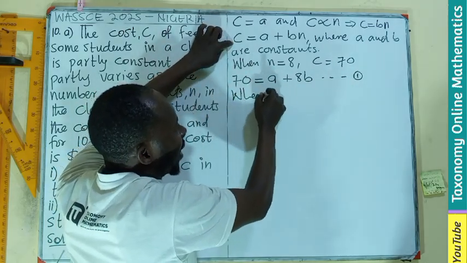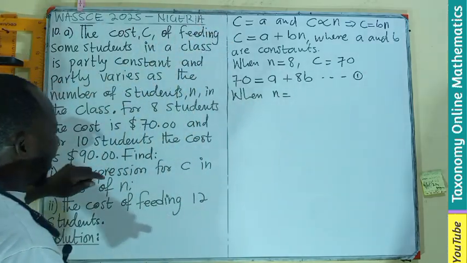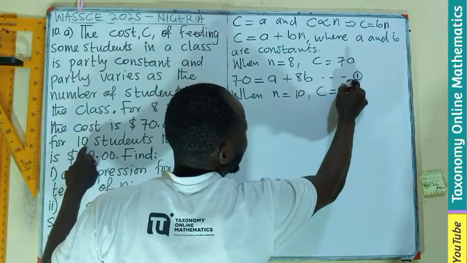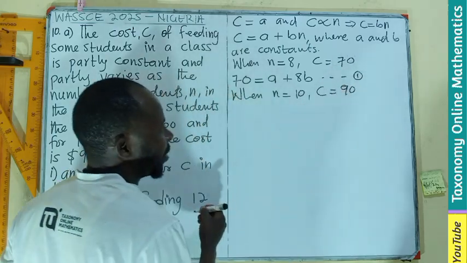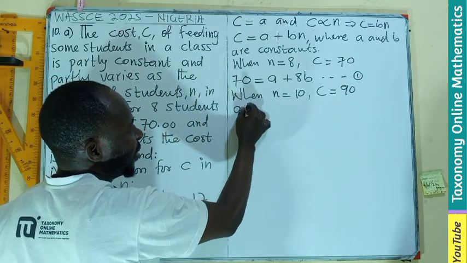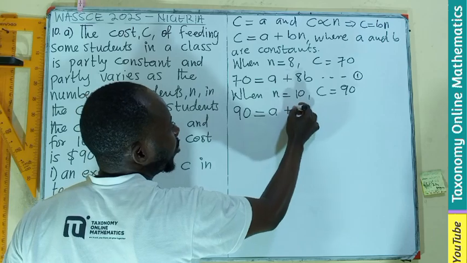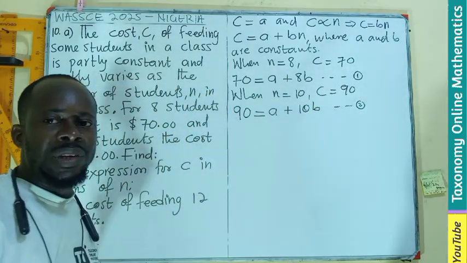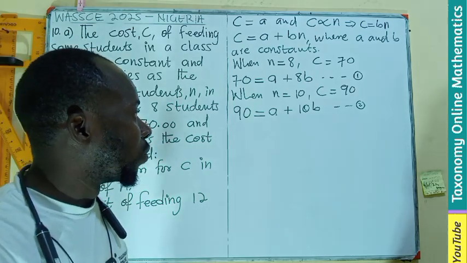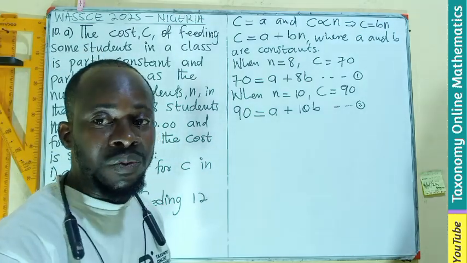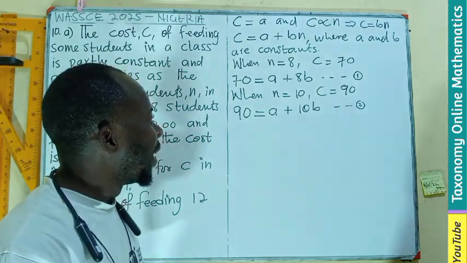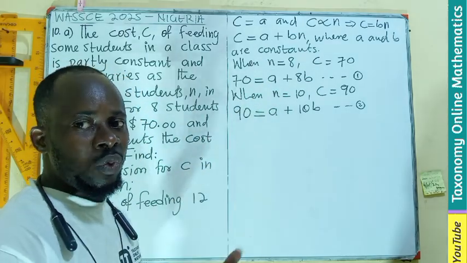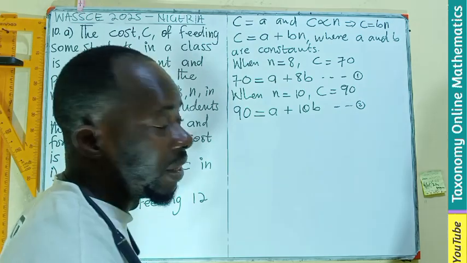Then for the second, when N is now 10 people, the cost of feeding them becomes $90. So we can also have 90 equals A plus 10B as the second equation. So these are the two equations we are going to solve simultaneously in order to find A and B. Looking at A having the same coefficient, it will be easy to eliminate by subtraction.